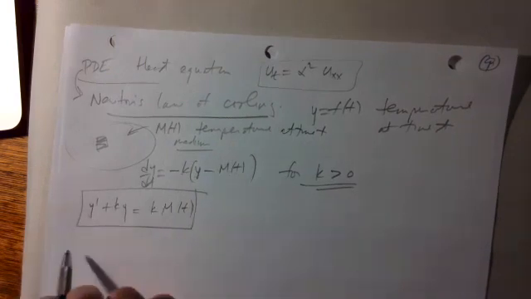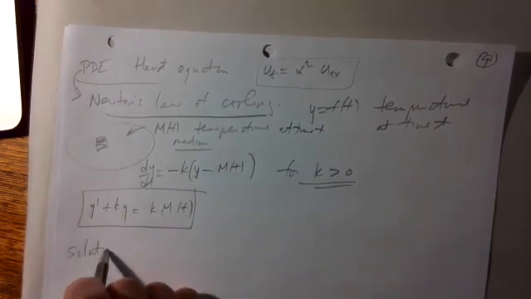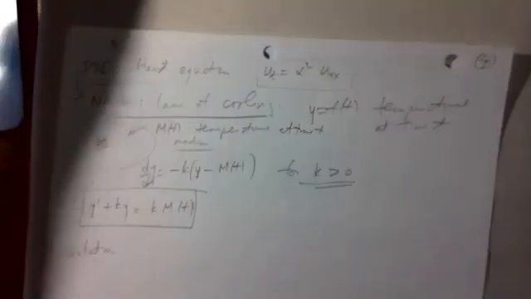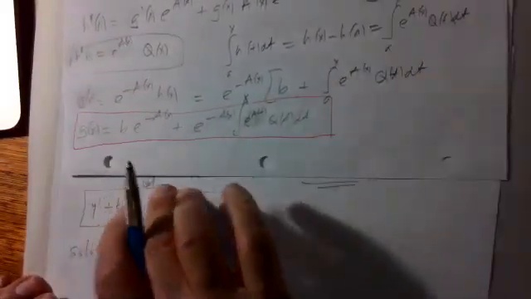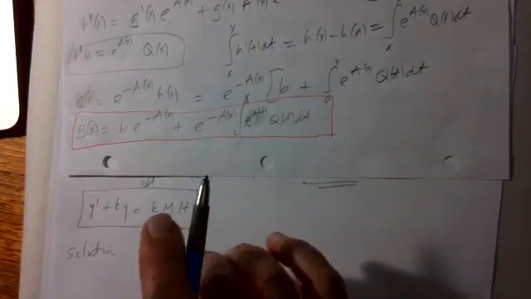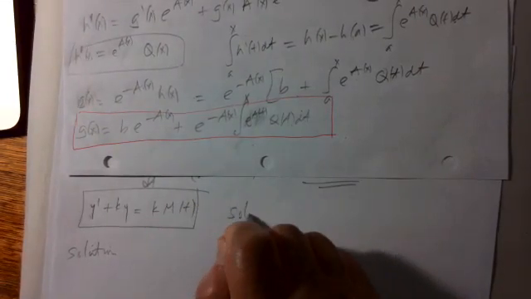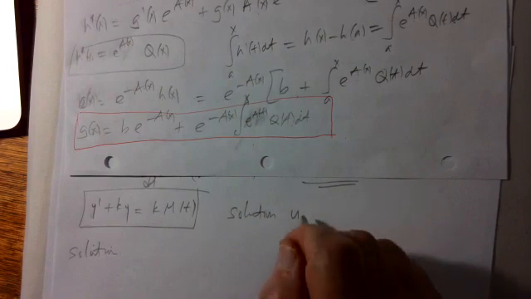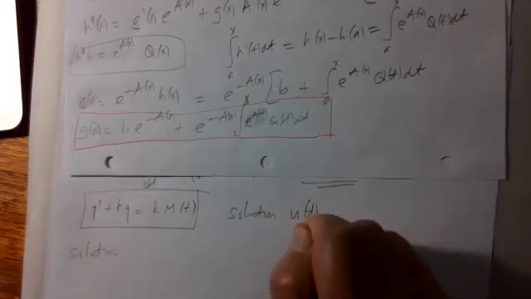What's the solution of this differential equation? Well, since we already did all the work, here is my general formula for a solution. I'll call it u instead of f or g, and the variable is time, u of t.